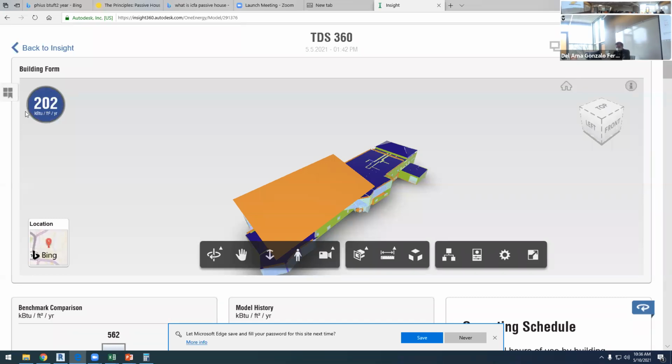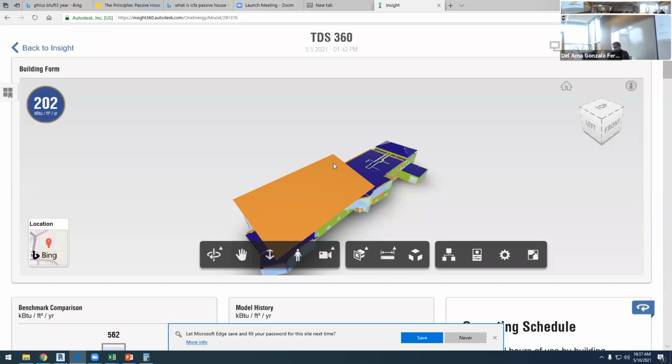This is quite important because when we are trying to meet the Passive House standards, we have standards for the R-value of the walls, the roof, and the windows, but there is always a standard for the total energy consumption per square foot per year.